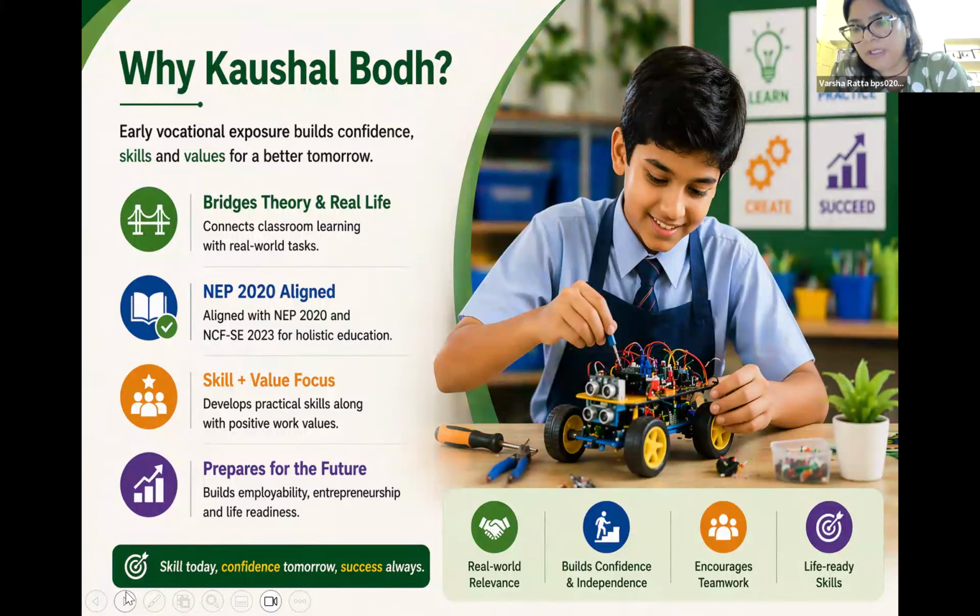They'll be independent rather than depending on a teacher telling them do this, do that. Though it has to be structured, they'll be able to do things on their own. It also encourages teamwork, which is a very important life skill. They're going to be life ready with this Kaushal Bodh.